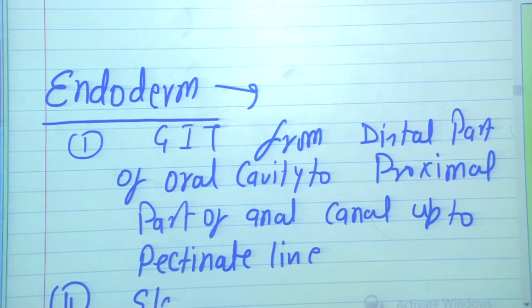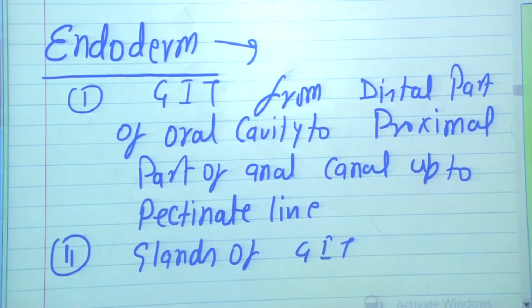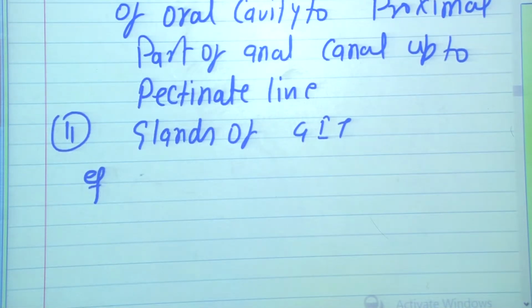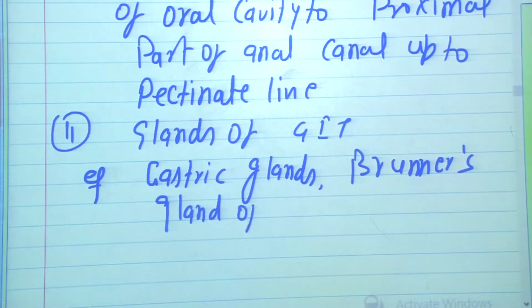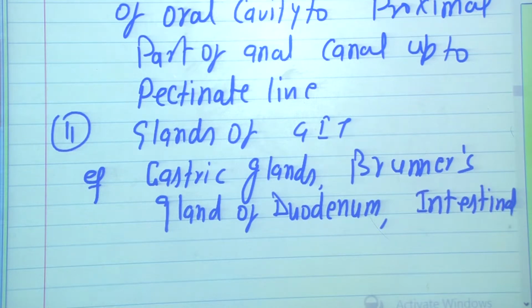Second is the glands of GIT. They are also derivatives of endoderm. Glands of GIT like gastric glands, Brunner's gland of duodenum, intestinal glands, liver, pancreas.